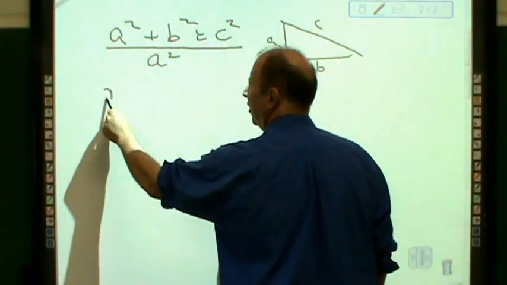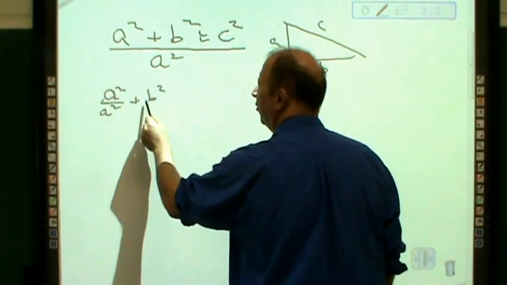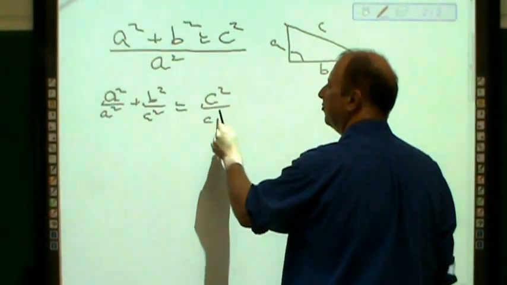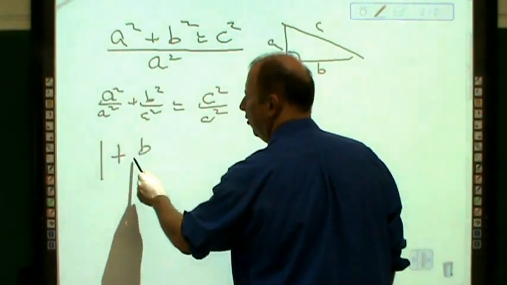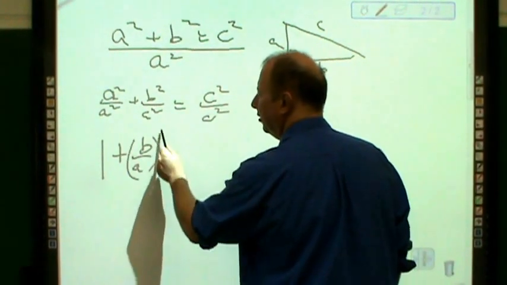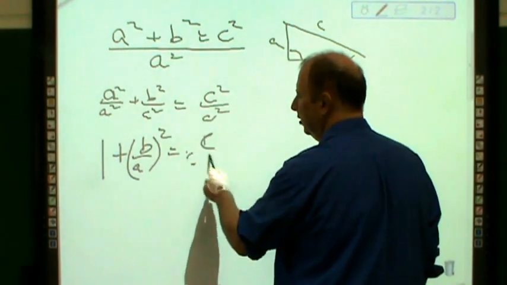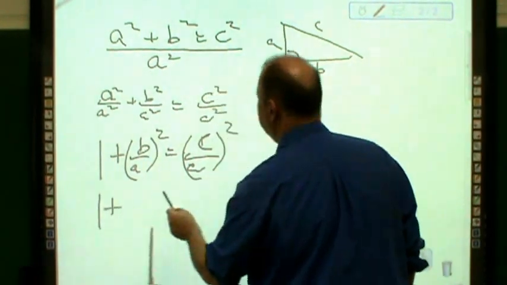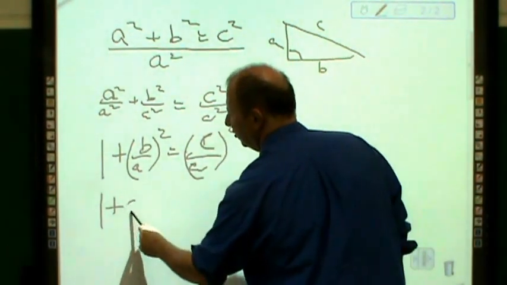Well, if that's the case, we have a squared over a squared plus b squared over a squared equals c squared over a squared. Well, 1 plus (b over a) squared equals (c over a) squared. So 1 plus, well, b over a happens to be cotangent.